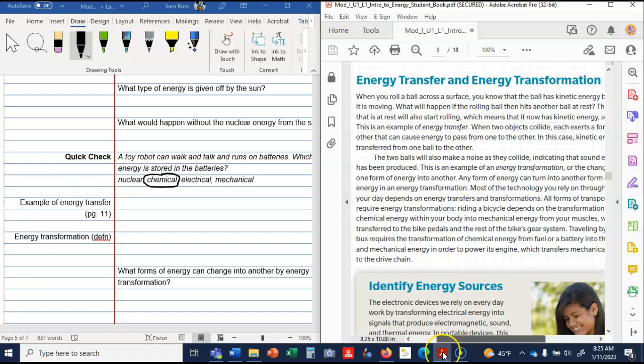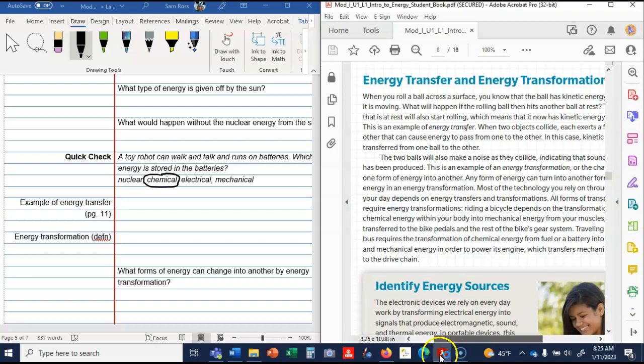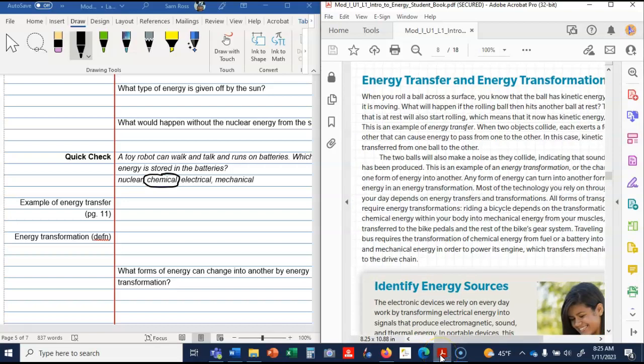The ball at rest will start moving, which means now it has kinetic energy as well. This is an example of energy transfer. So an example of energy transfer is when a rolling ball hits a ball at rest and the ball at rest starts rolling.